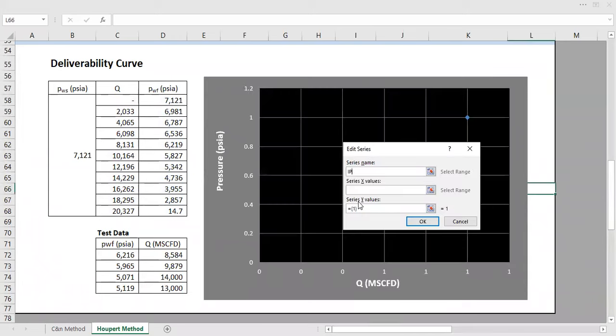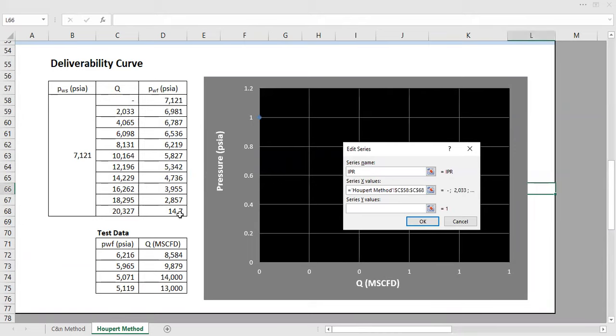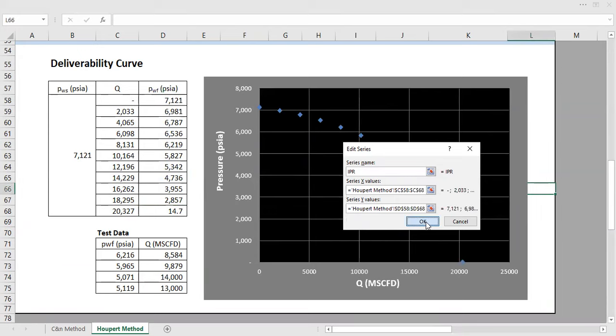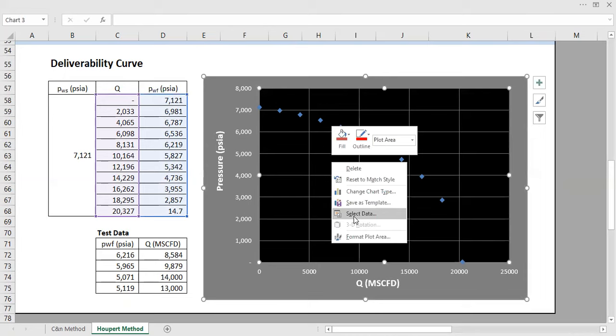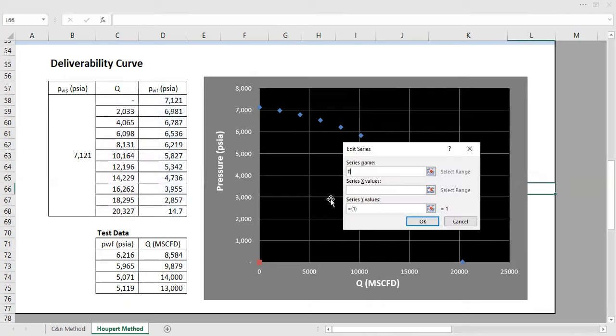Let's call it IPR. The Q, the X will be the flow rate, and then the Y, the vertical, will be this one, the pressure. So we get the IPR, and then we also plot the data point test, right? X and then Y, the pressure.